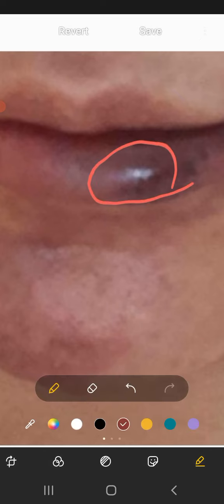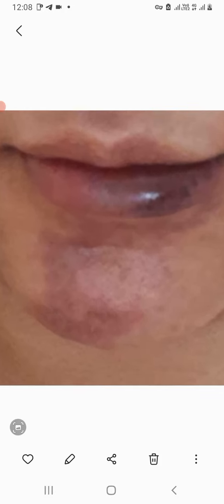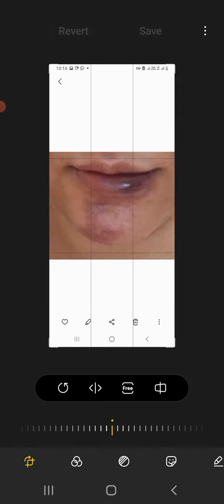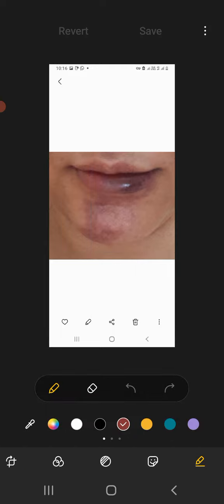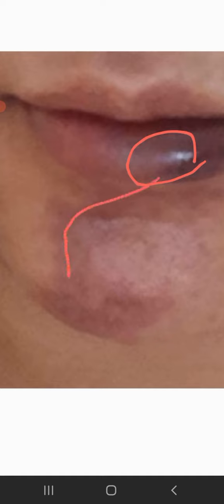This is the bruising area, and also you may see the bruising area has been continued from her lower lip toward the tip of her chin through the ascending mental artery. This bruising is seen from here to here and expanded here.